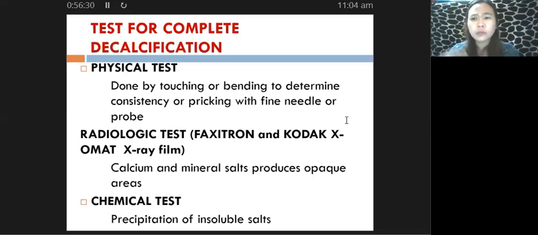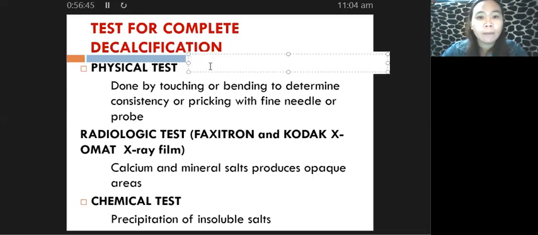So the first test that we can perform is your physical test, otherwise referred to as your mechanical test. From the term itself, physical or mechanical, how do we perform it?